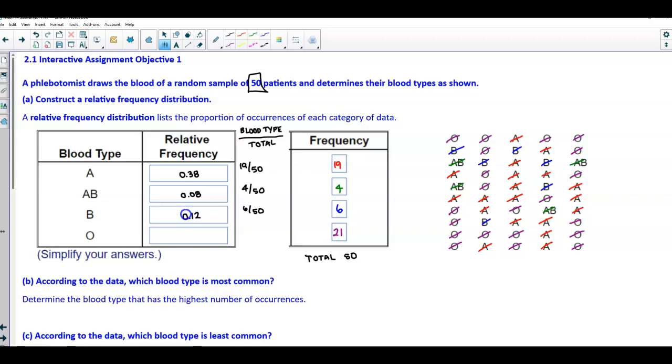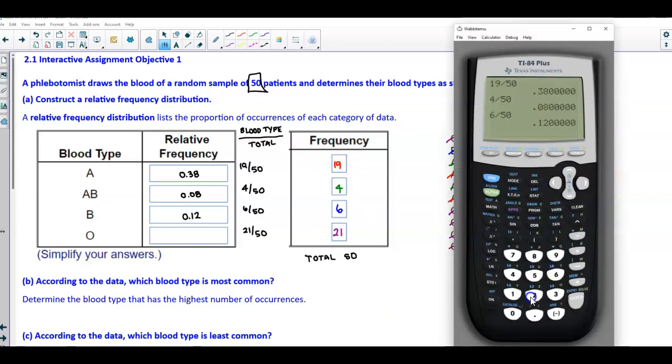And the last one, blood type O, has a frequency of 21. We divide that by 50, which gives us 0.42.